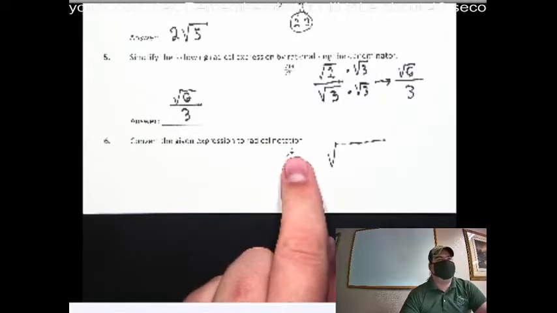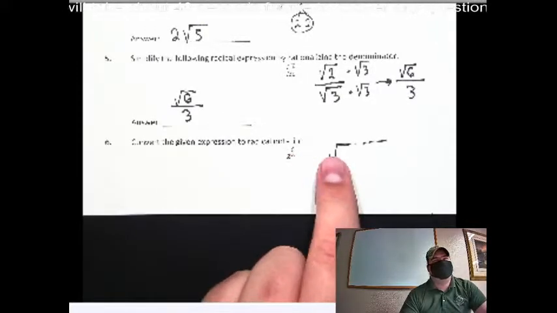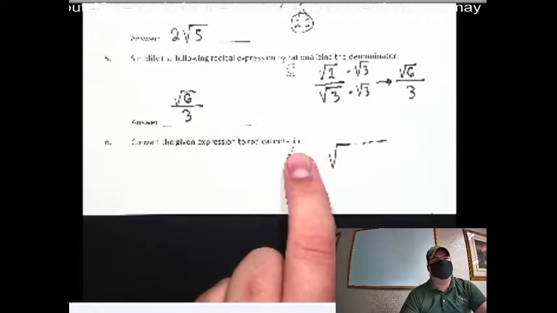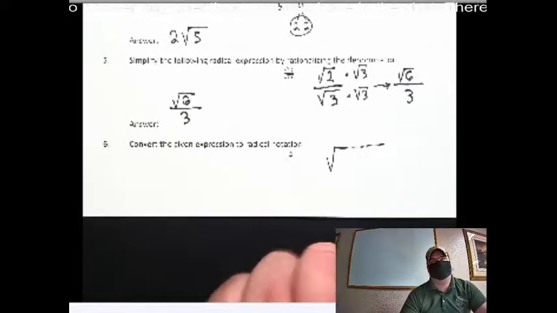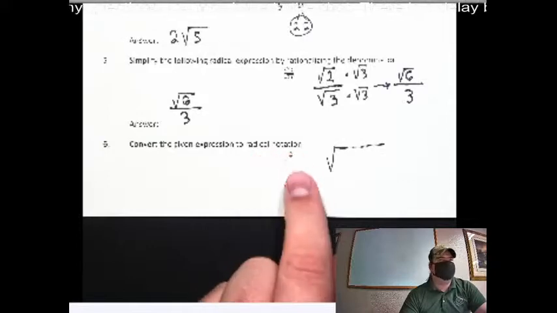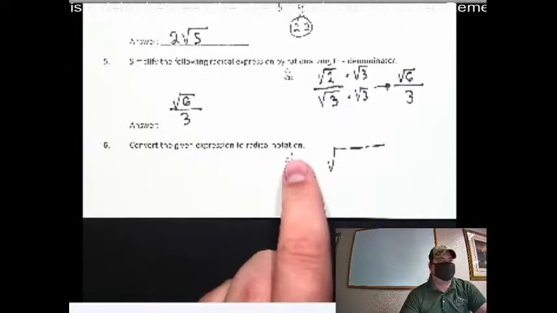So remember that in this exponent, one of these numbers is the type of root, and one of these numbers is the power that is going to be on z. So which one is the type of root? Again, we have 5 over 4.